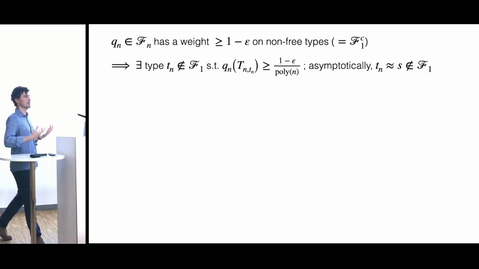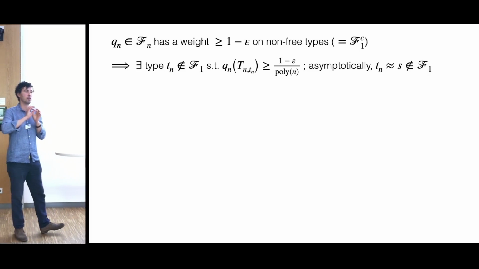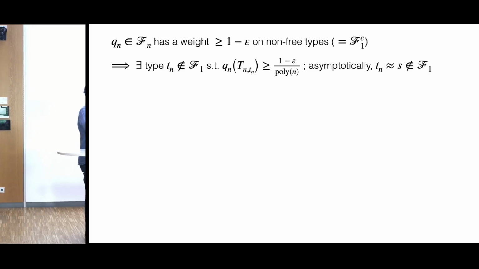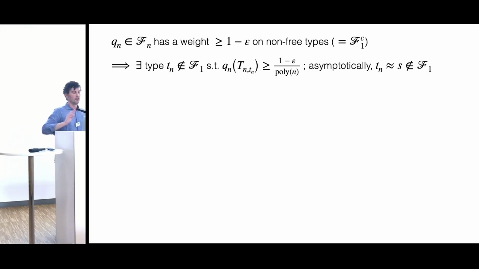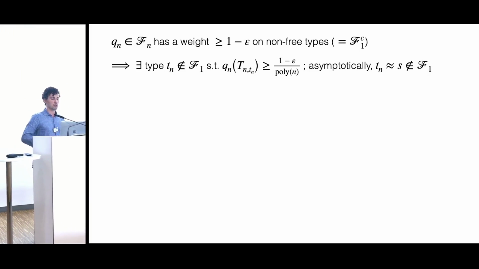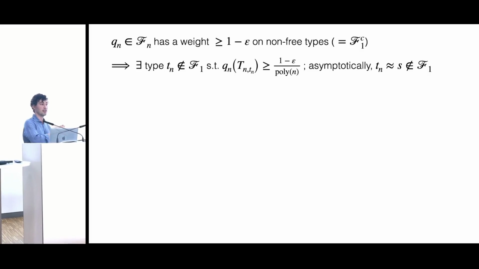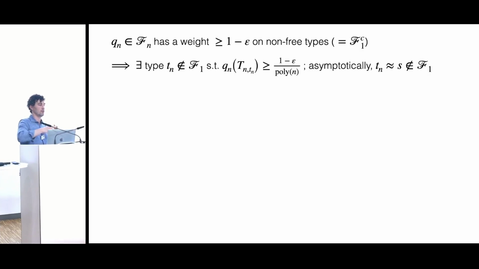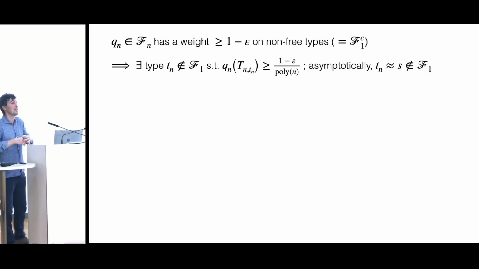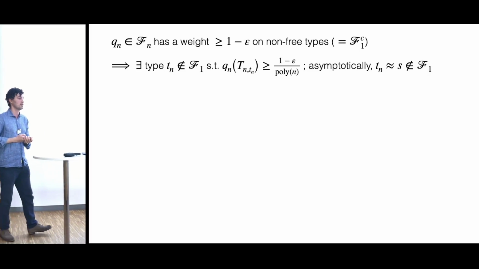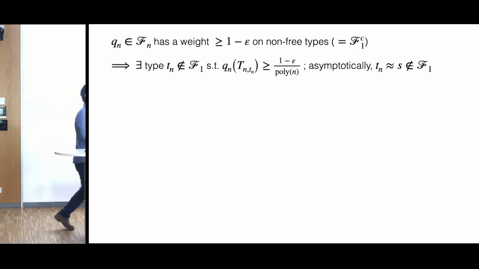Up to extracting subsequences, I can say that this type will converge, or is approximately given by some probability distribution S. I'm sweeping a few approximations under the rug, but since the type is non-free for every n, up to including some epsilon, you can also make sure that S is non-free. So the limiting probability distribution of this sequence of types is non-free.